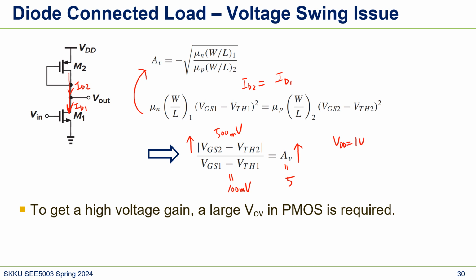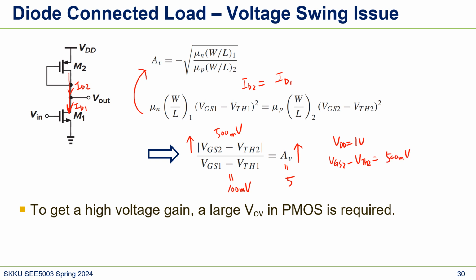With 500 millivolt and 100 millivolt, it will give us a very small output swing at Vout. Here, for example, VGS2 minus VTH2 is 500 millivolt.